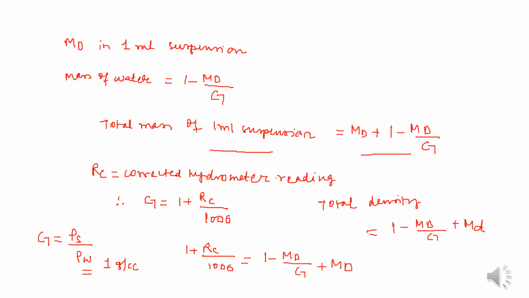Now if we find out what is MD, that is make MD the subject of the formula, we can simply get MD equal to RC by 1000 times G by G minus 1, right?